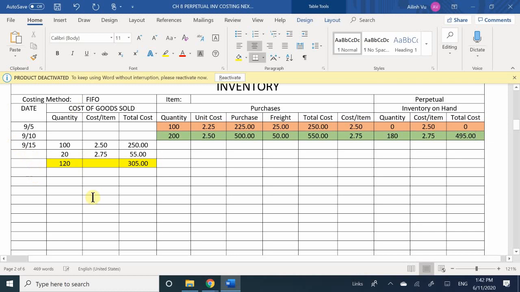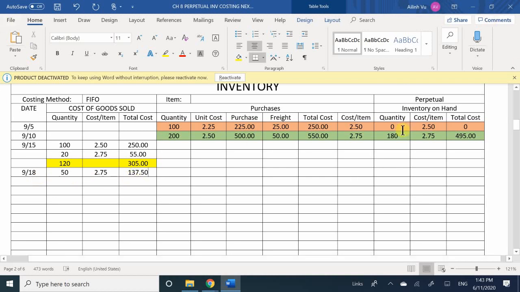So here on the 18th of September, we sold 50 more units at the price of $2.75. So how much is that? $137.50. Okay, and we didn't do any split payments, so that is final.